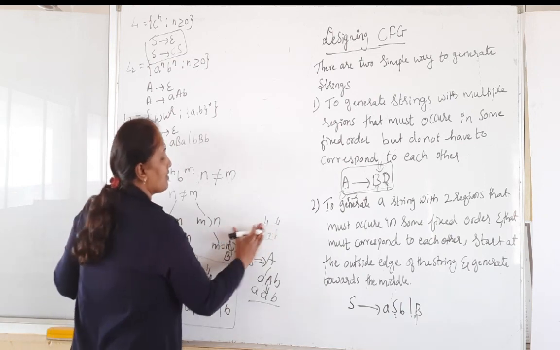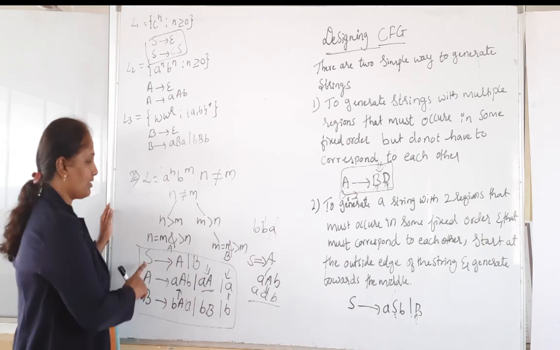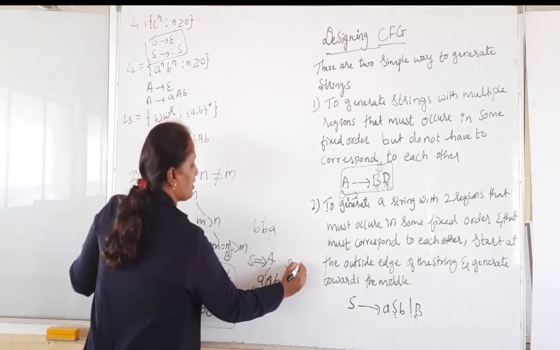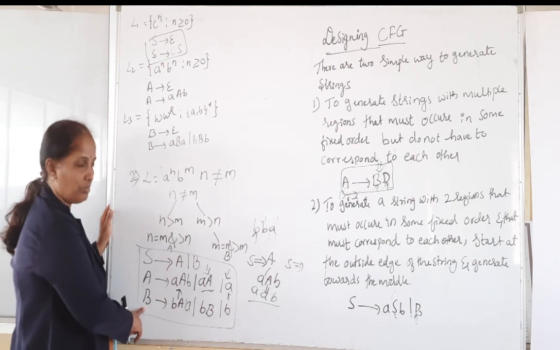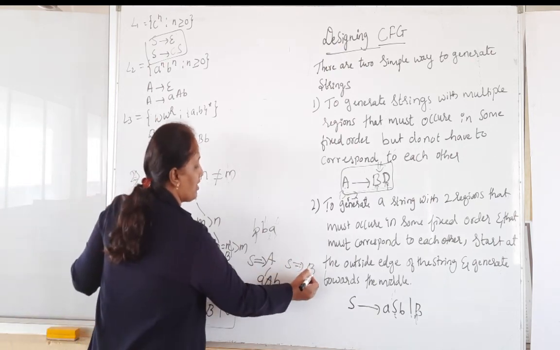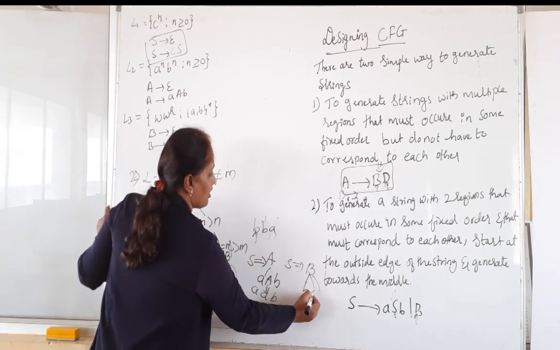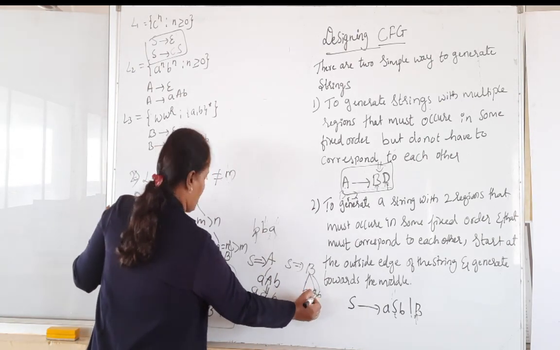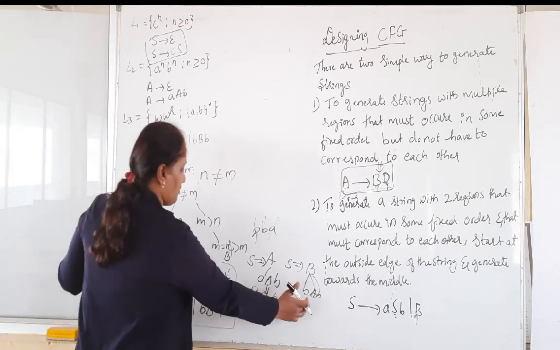Next, we'll take another example, that is BBA. For this, what is the first symbol I want to read? B, and that is defined by the B symbol, so S is substituted by B. Next, B is substituted by B B, so I write B B here.